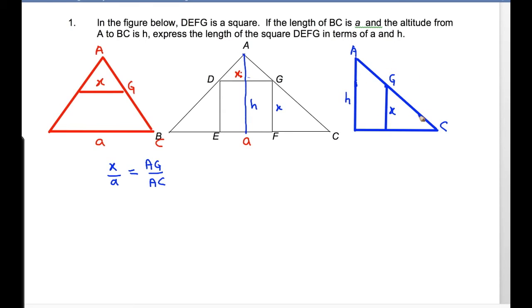Looking at the other set of similar triangles, x over h equals GC over AC.